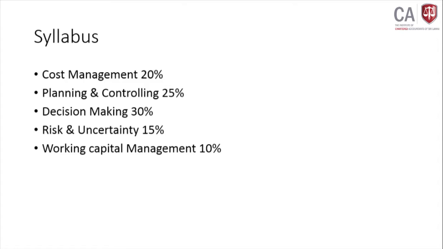In long term decision making, we would look at techniques such as net present value, IRR, then payback, then ARR, accounting rate of return, and then advanced appraisal techniques like when you have different lives, equivalent annual cost, equivalent annual value, and then concepts like profitability index. Those are some of the main areas under decision making.